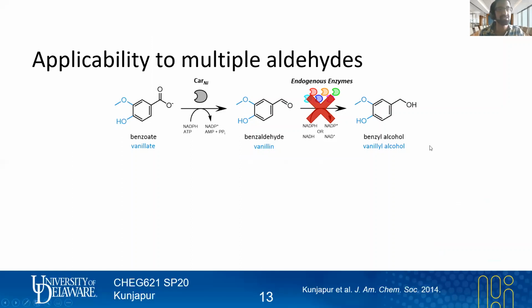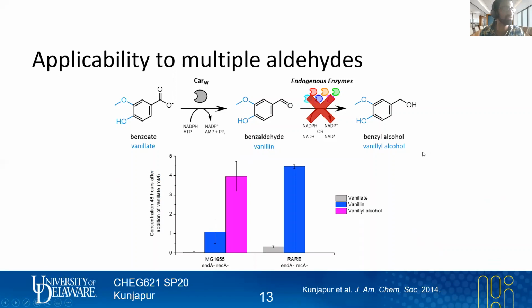We focused first on aromatics, and that was really the title of our first paper on this topic, partly because the system works really well for aromatic aldehydes, at least the ones we tested, and also others. So if you look now at a similar experiment, but we added vanillate instead of benzoate, you can look at the concentration 48 hours after addition of vanillate, starting with, again, the 5 millimolar.